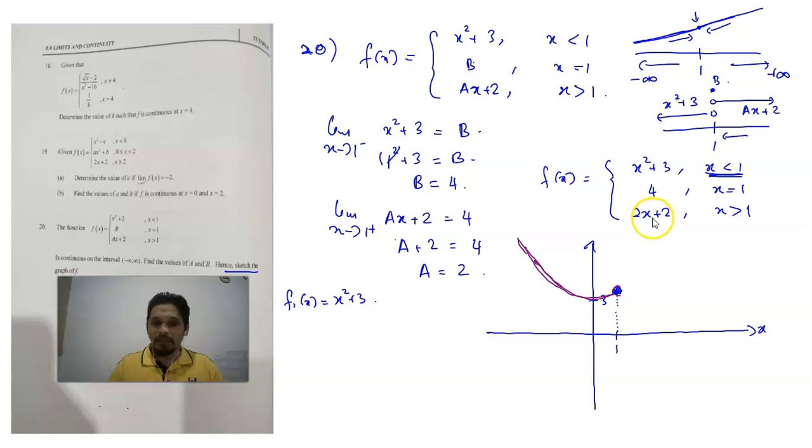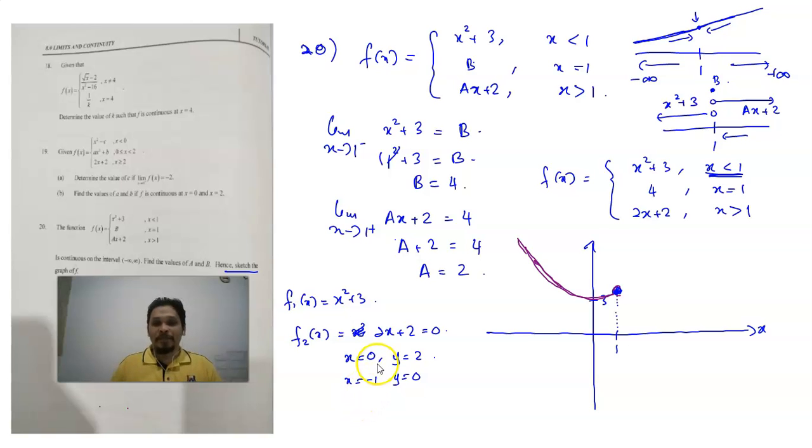And then for the graph of 2x plus 2, when x equals 0, y equals 2. And when y equals 0, x equals negative 1.